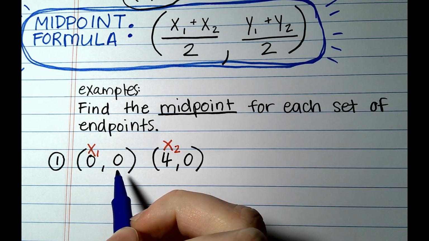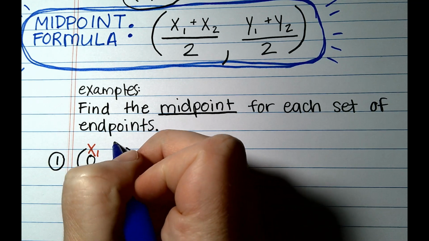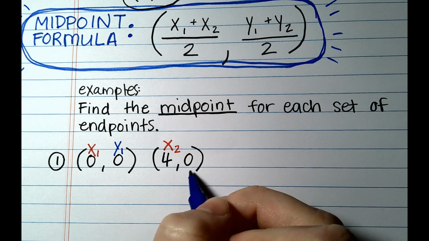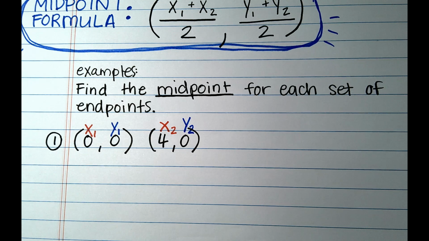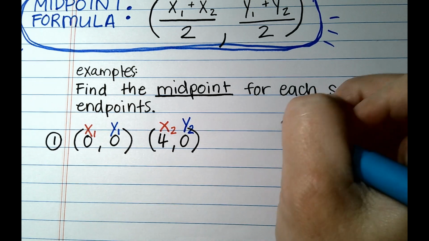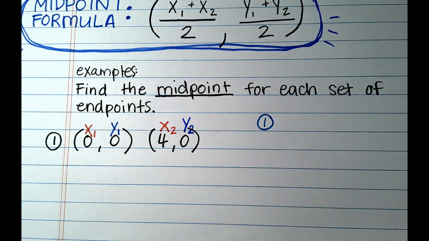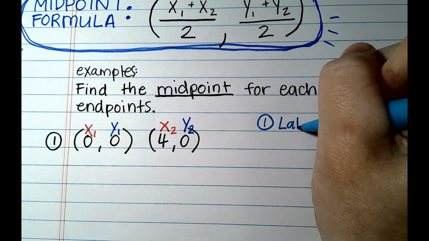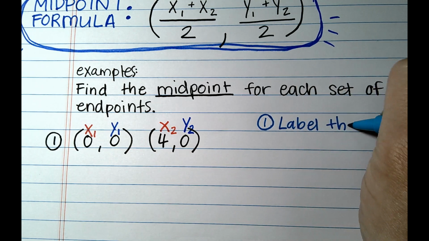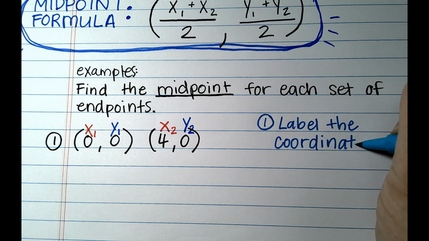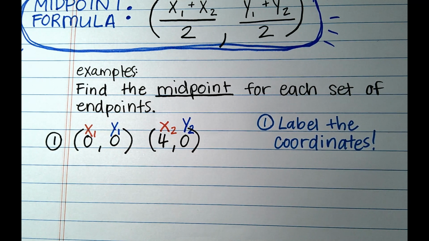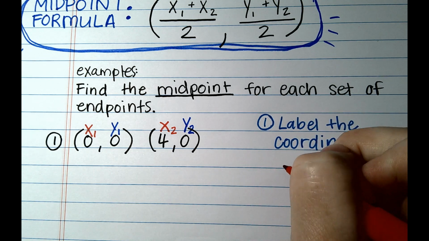So the next 0 will be y1, and the 0 with the 4 will be y2. I'm going to write over to the side, if you like to have a step-by-step guide: step 1, label the coordinates. It will always be x1, y1, x2, y2.